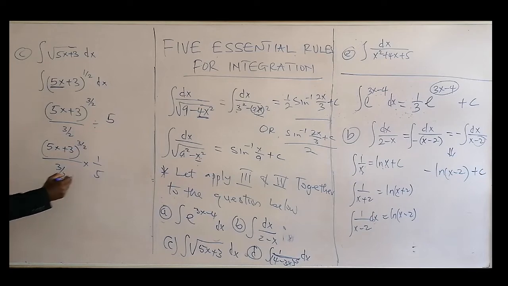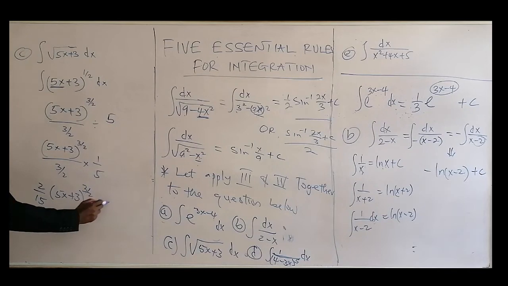And this one, you multiply it, that will be 15 over 2. That will give you the inverse of that, that's 2 over 15 into bracket 5x plus 3 to the power 3 over 2, plus c. So that's that on that case.